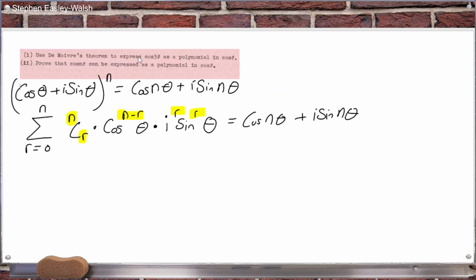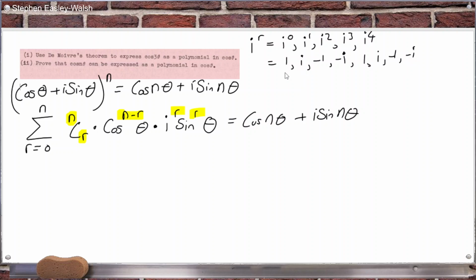Now, if you look at i to the power r, that will equal i to the 0, i to the 1, i squared, i cubed, i to the 4, which will equal 1, i, minus 1, minus i, and then it begins again: 1, i, minus 1, minus i.